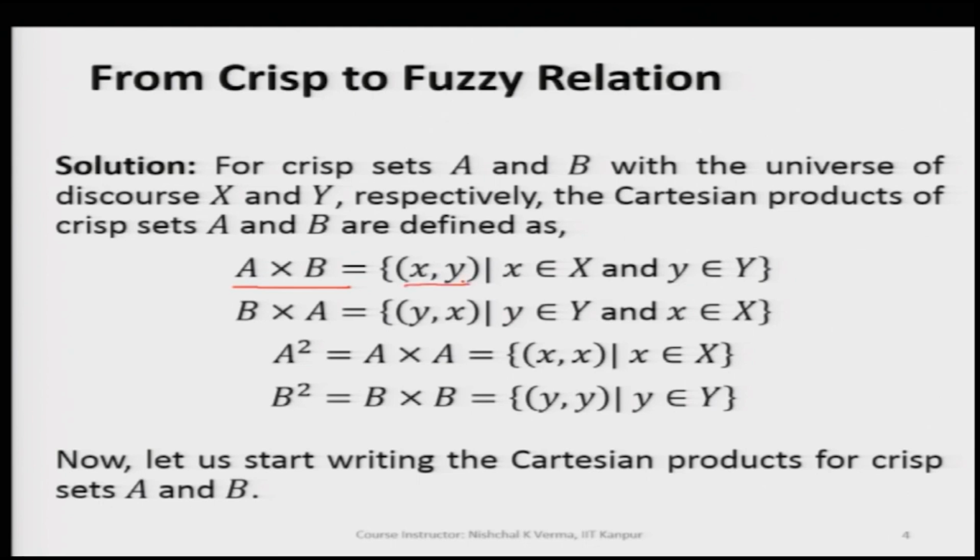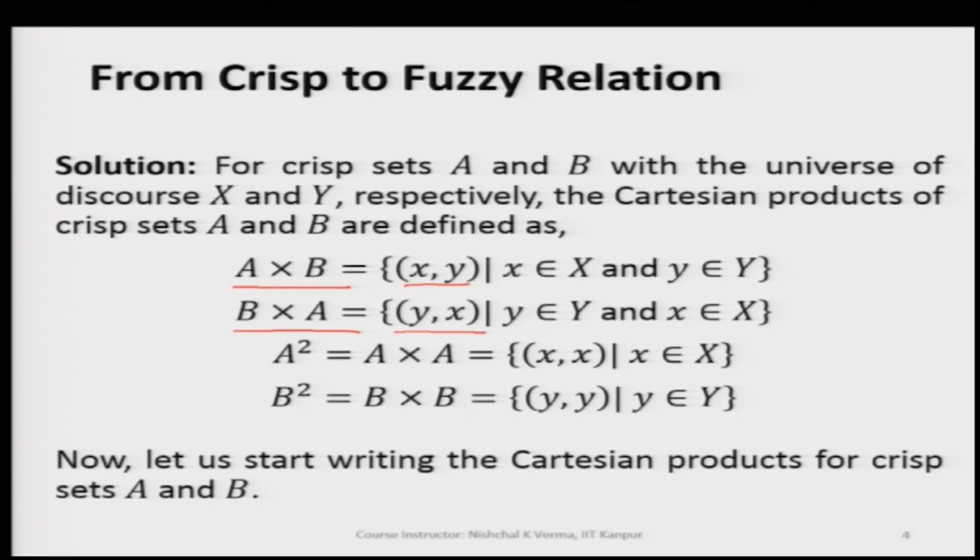The first element will be from the set A, and the second element of the pair will be from the set B, and then we collect all the formed pairs in a set, and this is A cross B. Now, when we are interested in finding B cross A, this will be a set of all the pairs (y, x), where the first element comes from the set B and the second element from the set A.